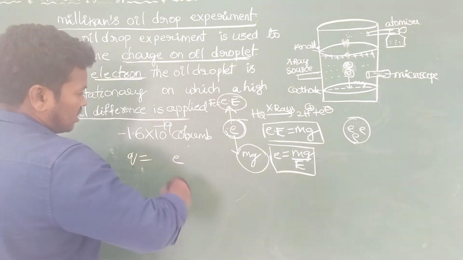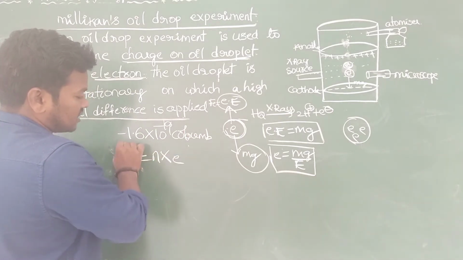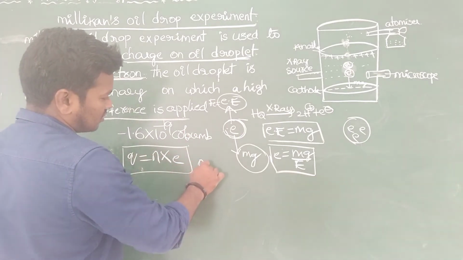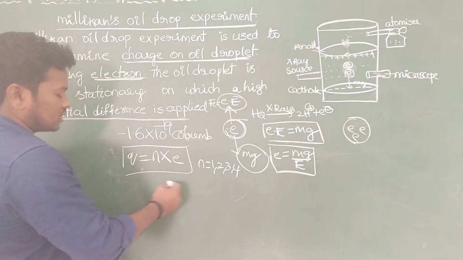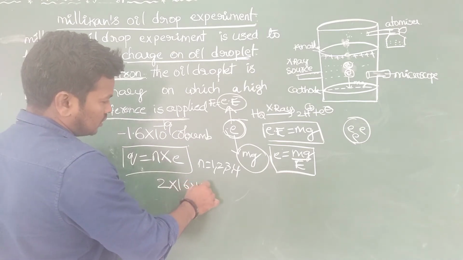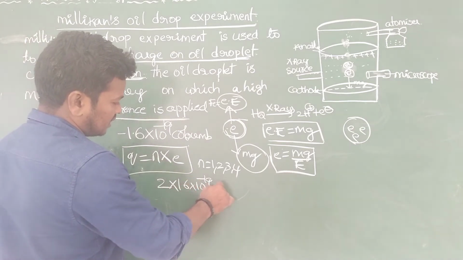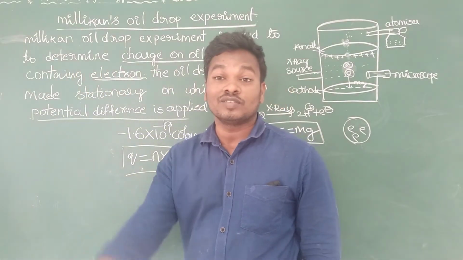But here 1 or 2 is there. So it is N into E. N stands for the number of electrons: 1, 2, 3, 4. If two electrons are present, 2 into 1.6 into 10 to the power of minus 19.